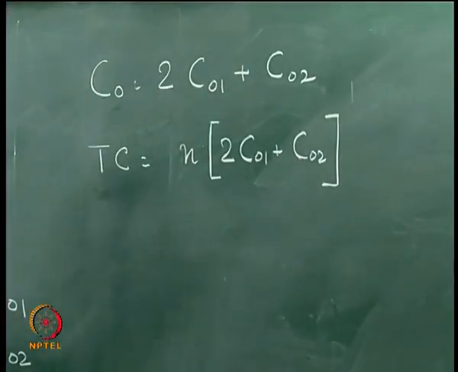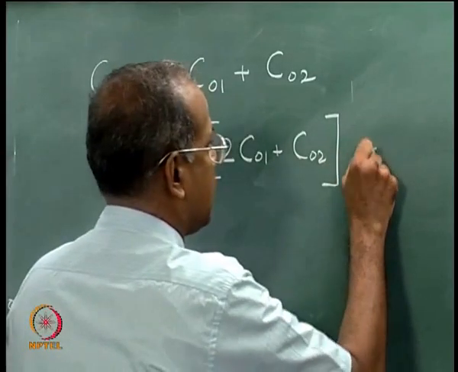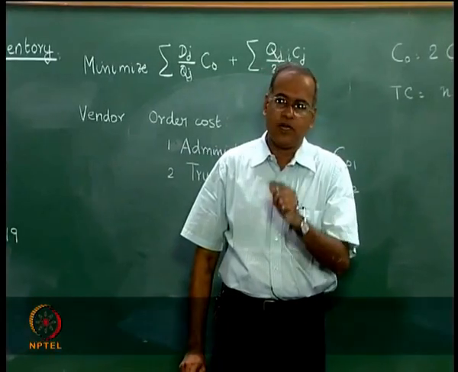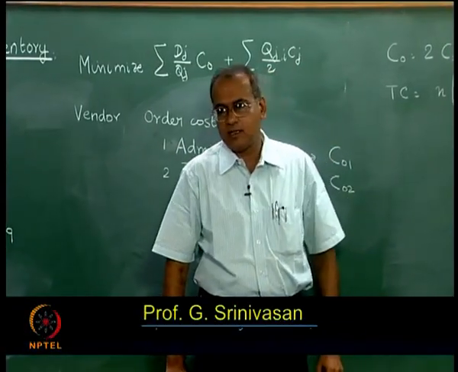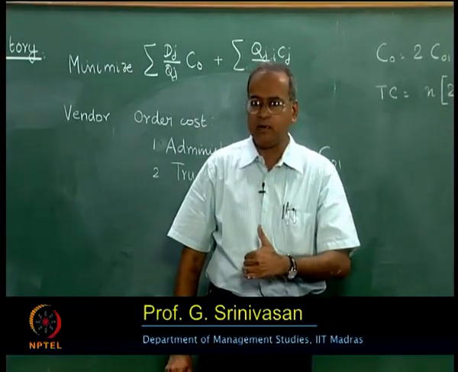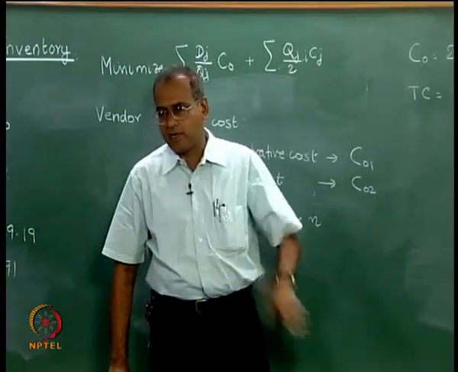The total carrying cost per year will be as follows. If the demand is Dj for item j, then the order quantity Qj is Dj divided by n, because there are n orders per year.